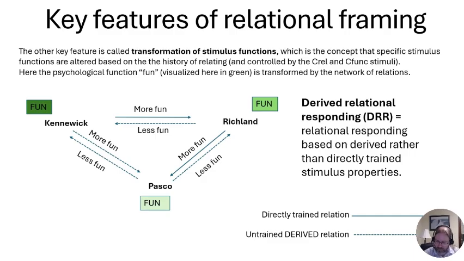So when we had Kennewick is more fun than Richland, I was able to put a darker green on Kennewick and a lighter green on Richland, right? Less fun. And then when I found out that Richland was more fun than Pasco, I was able to put an even lighter green on Pasco. That's what I learned.